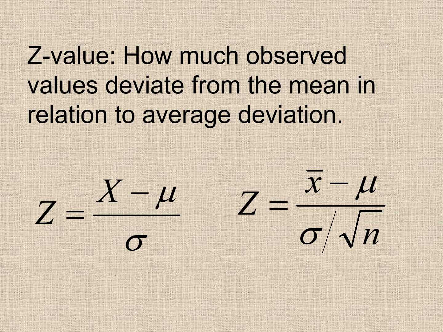However, we can do exactly the same thing, but for sample means instead of individual values x. And that's what we get with the formula on the right-hand side here. So here we get the z-score by taking the sample mean, x bar, minus the population mean, mu, divided by what we have in the denominator here, the standard error of the mean.